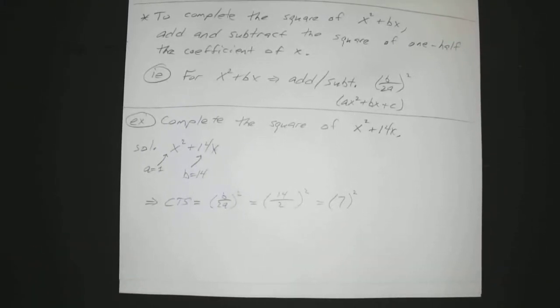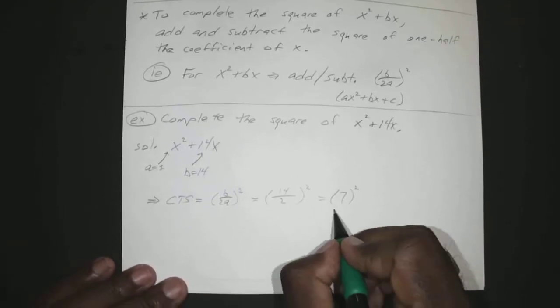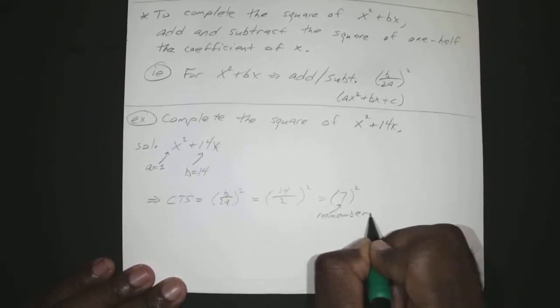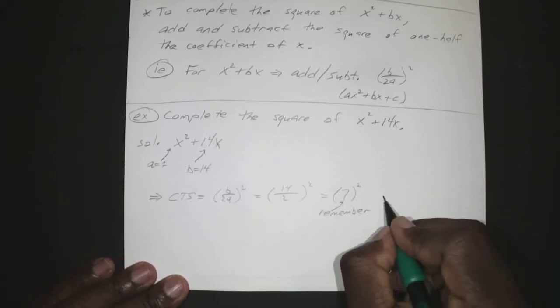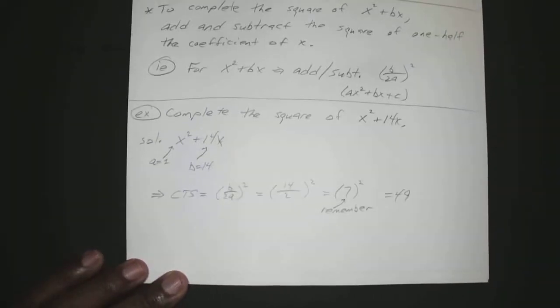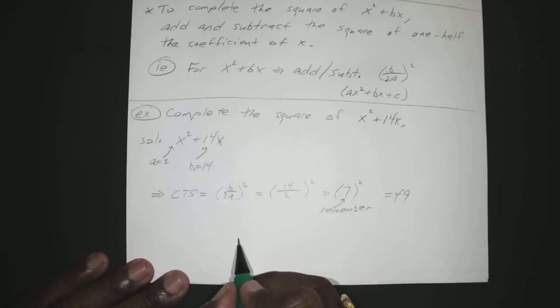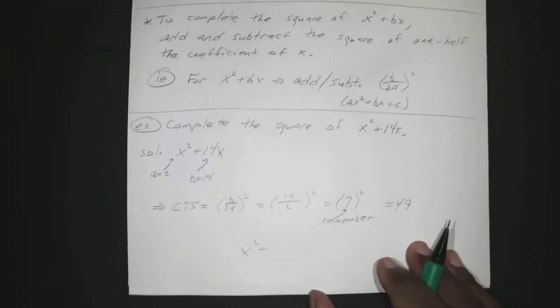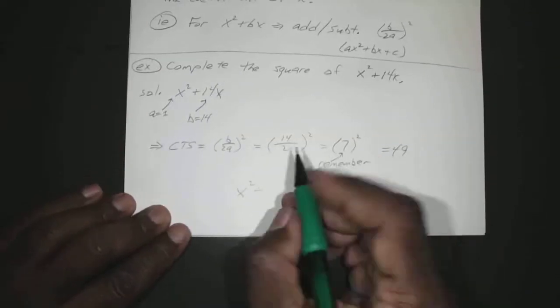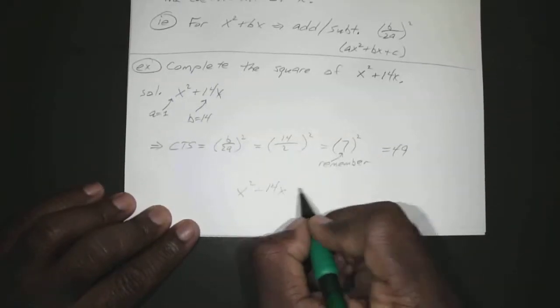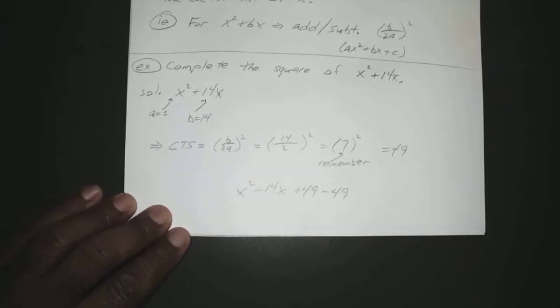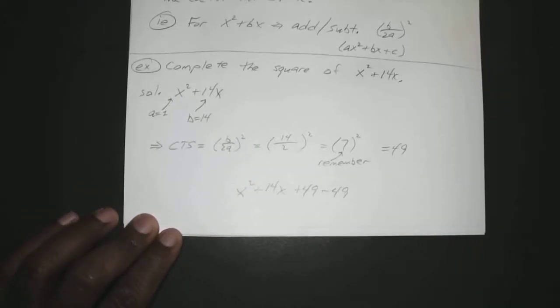Now, before you apply the squared, you want to remember that value. Okay, so you just have 49. So you have x squared plus 14x plus 49 minus 49. So basically you just added 0.